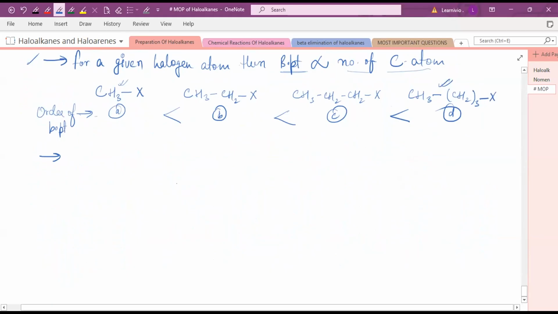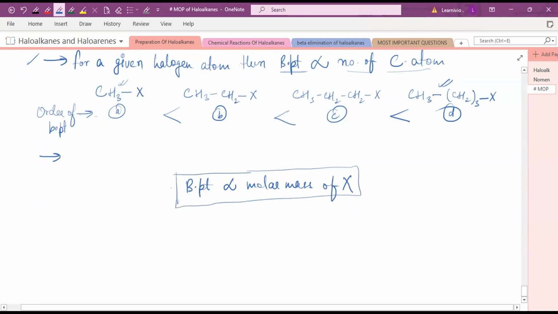Boiling point is directly proportional to the molar mass of the halogen atom. The halogen atom which has the larger molar mass will have the highest boiling point. Among fluorine, chlorine, bromine and iodine, iodine has the highest molar mass, and fluorine has the minimum.